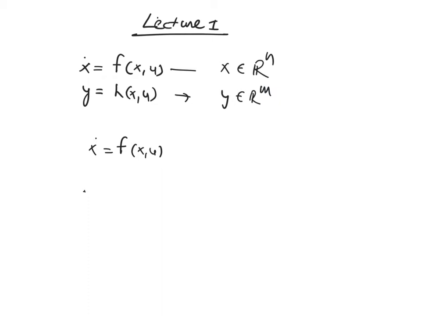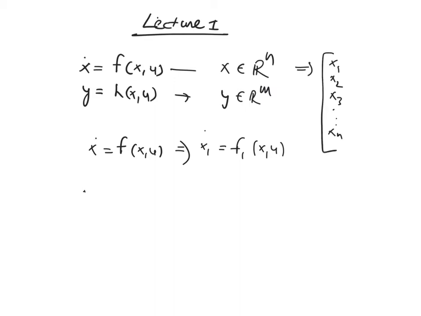So it's like saying x1 dot equals f1 of x comma u, and x is a vector x1, x2, x3, up to xn. Similarly this goes up to xn dot equals fn of x comma u. That's the kind of systems we are talking about.